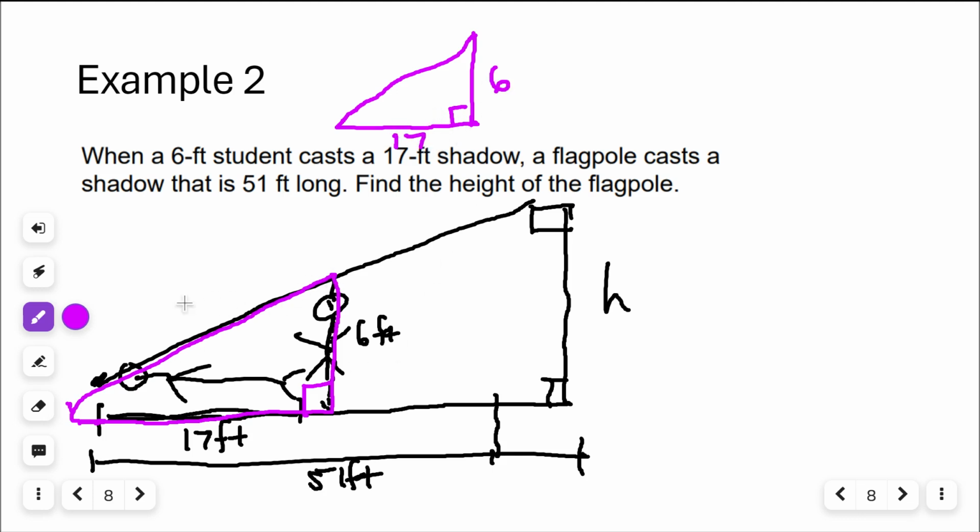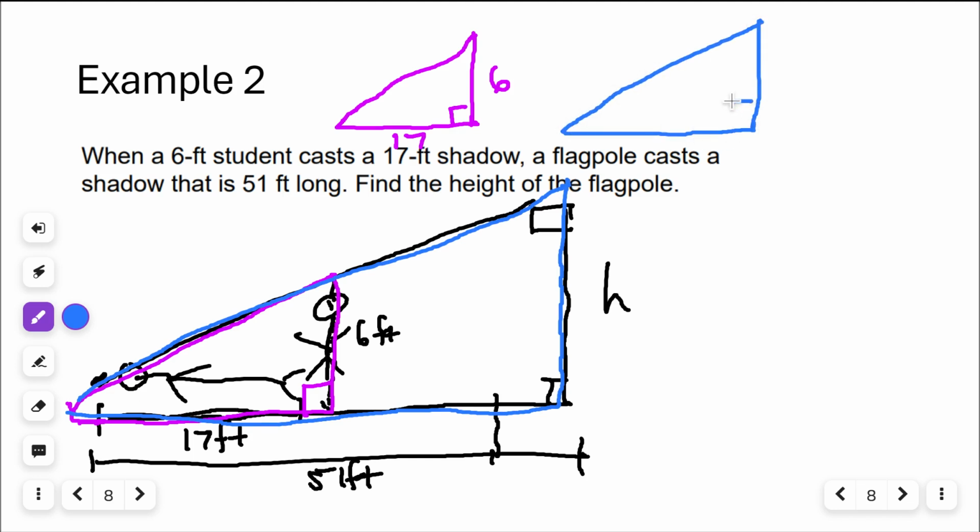And this third side, I don't know. And then there's another one here. I'll put it in blue. The big triangle. Hopefully you see it. There it is. On that big triangle, we have H and 51. Okay, these are 2 similar triangles. So we can use the similar triangles to find how tall the flagpole is, H.